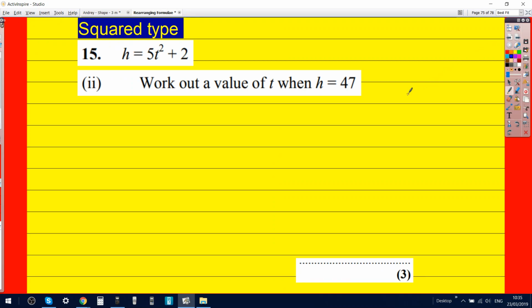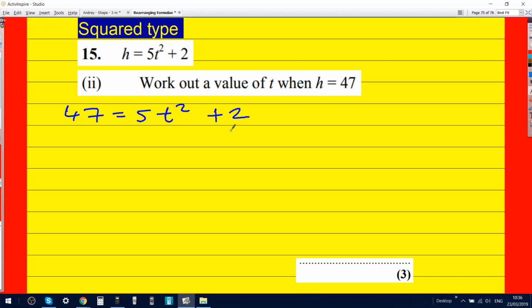Let's try this one. So work out the value of t. To start off, would you sub 47 in? So 47 equals 5t squared plus 2. Then you would take away 2, so it'd be 45 equals 5t squared.